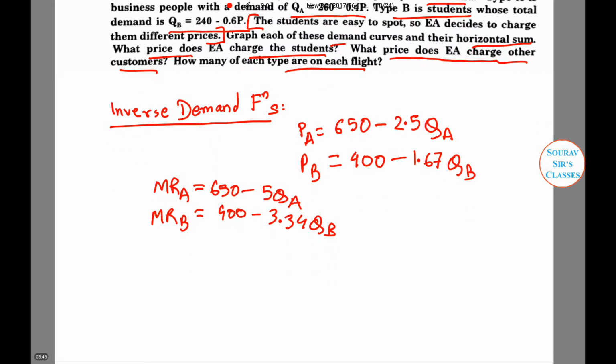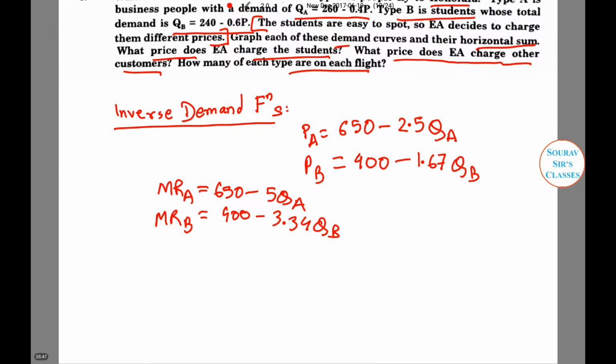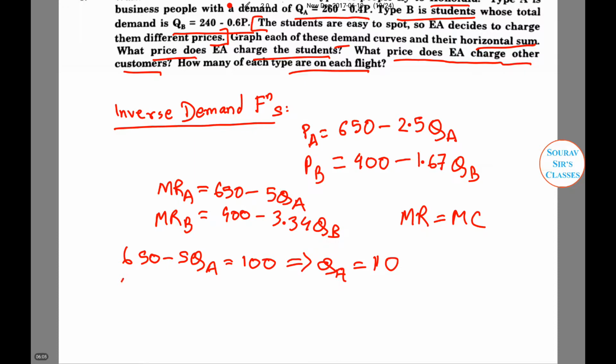Now to determine the profit maximizing quantities, we set marginal revenue equal to marginal cost, that is 650 minus 5QA equals 100, giving us QA equals 110, and 400 minus 3.34QB equals 100, giving us QB equals 90.